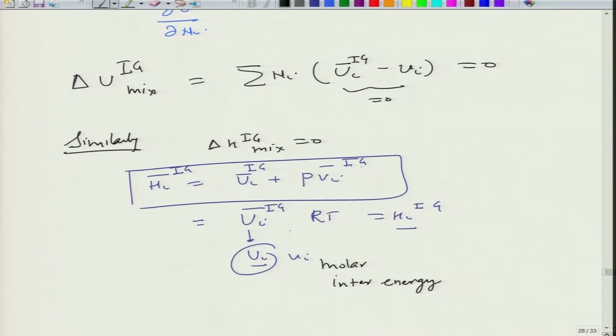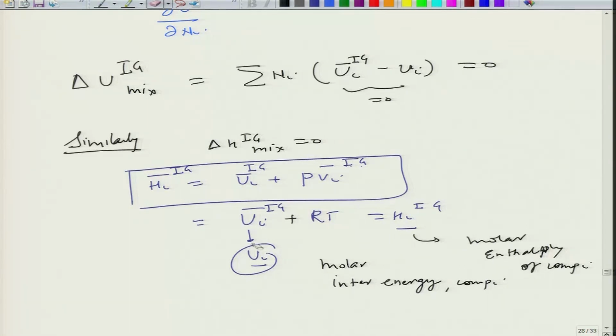So, with this you have molar internal energy plus RT of a component i, and this will give you Hi^IG, that is your molar enthalpy of component i.